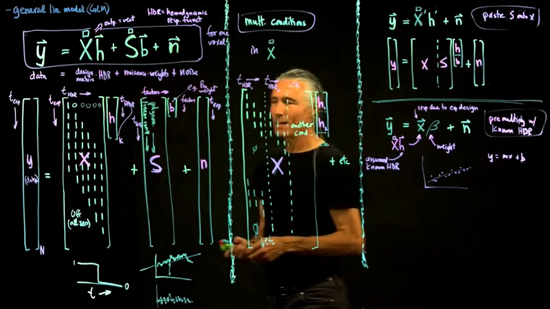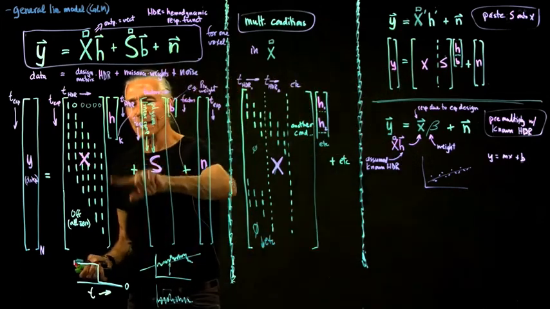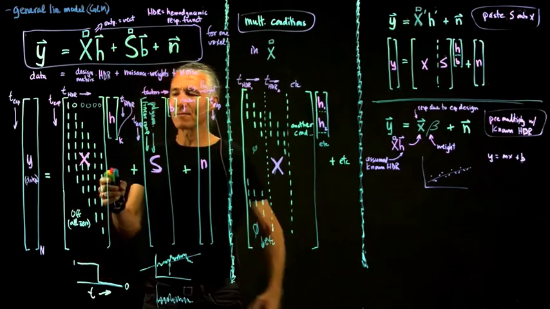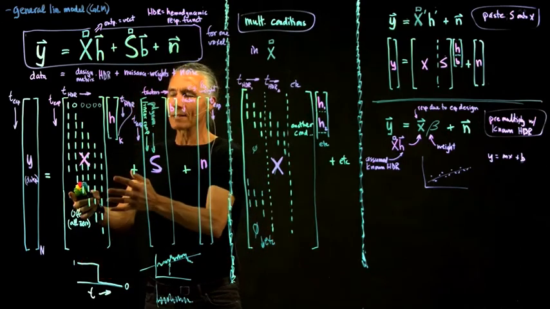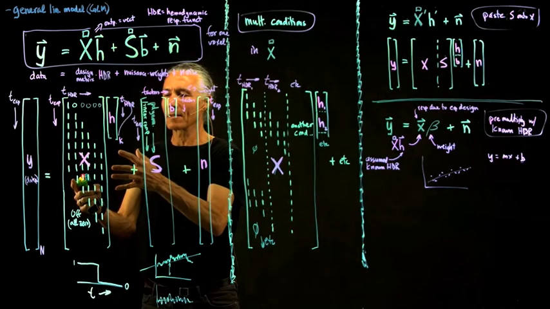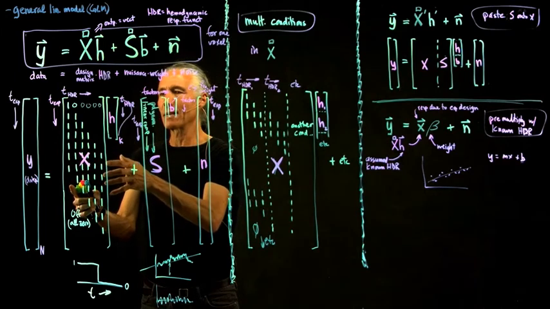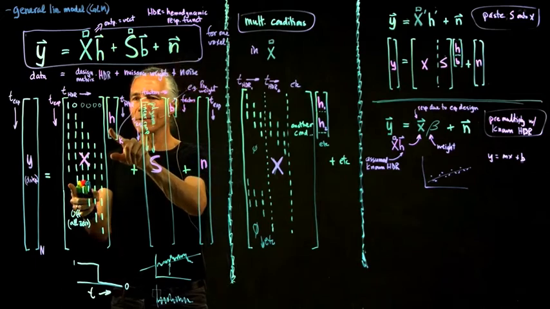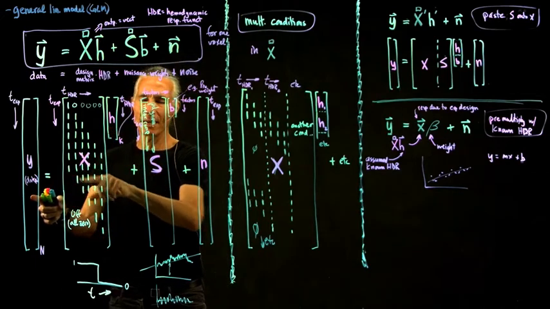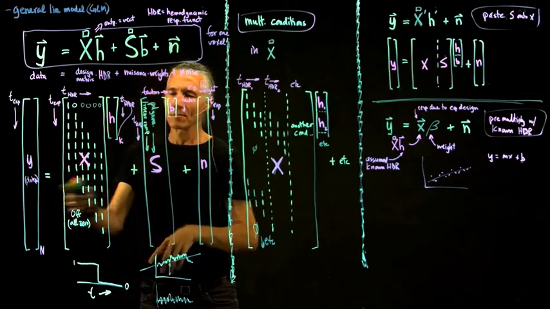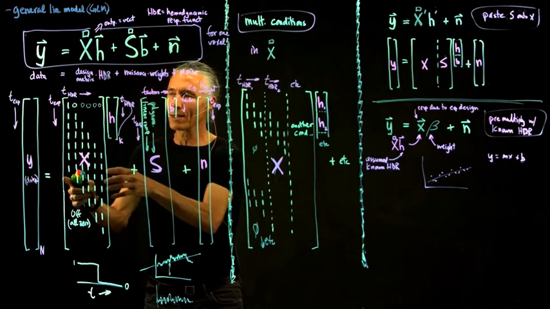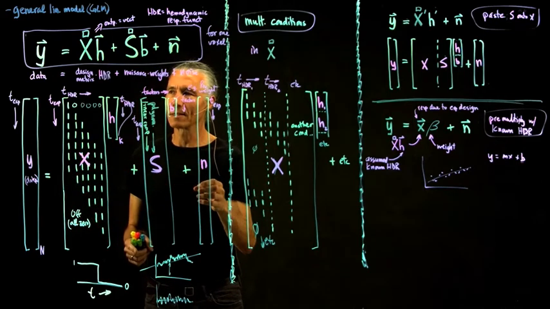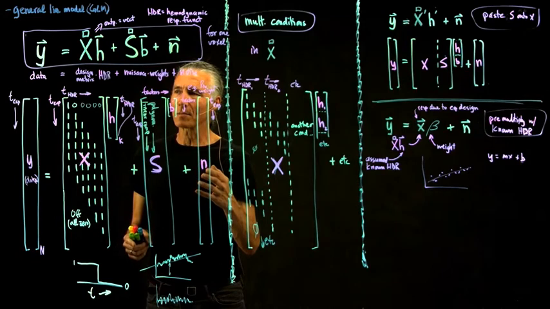Obviously we want some measure of how well our experimental design and our solved for or assumed hemodynamic response functions explain the data. We'll just ignore the nuisance for now. How well does it explain it relative to the noise? And that's our significance, basically.